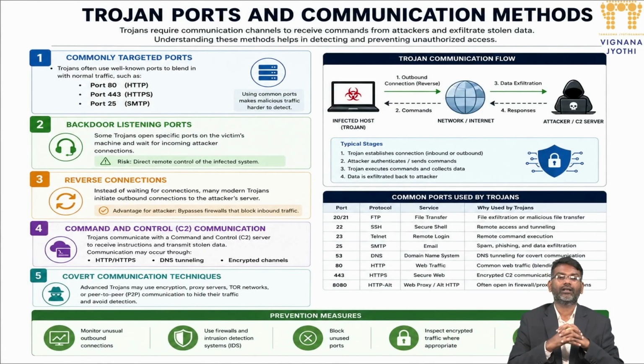Let me go with the Trojan ports. Regularly, attackers target particular open ports. Suppose HTTP: there we use port number 80. In the case of HTTPS, to provide the required security, you have port number 443. Next, we have port number 25 for SMTP.